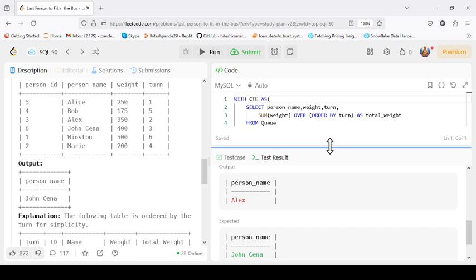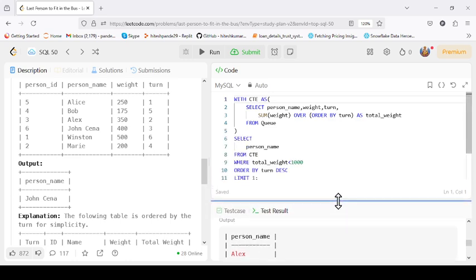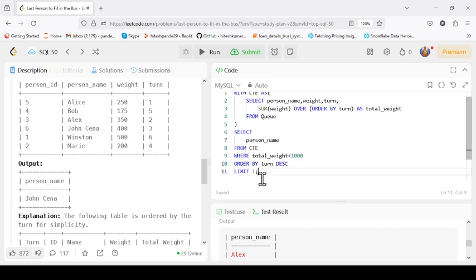We are getting Alex here. Okay, somewhere the problem is there. I have tried to submit it.